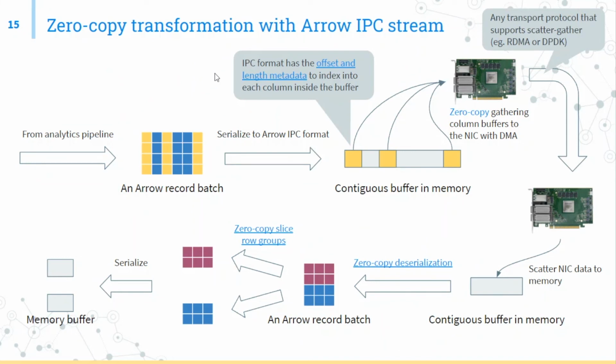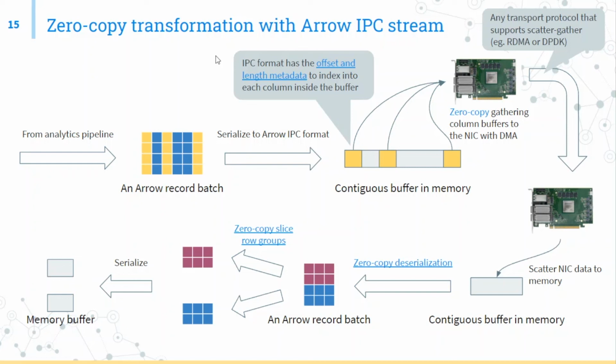With the Arrow IPC data format, we can use the most efficient way to implement this transformation pipeline. Suppose the host generates an Arrow record batch, which now has been serialized into a contiguous memory buffer in Arrow IPC format. This format contains metadata to point to the offset and length of each data column in the buffer, so that SmartNICs can make use of this information and gather multiple column buffers with a smaller number of DMA transactions for data transfer.